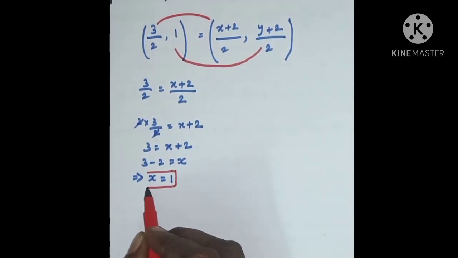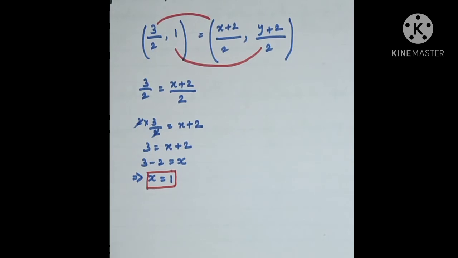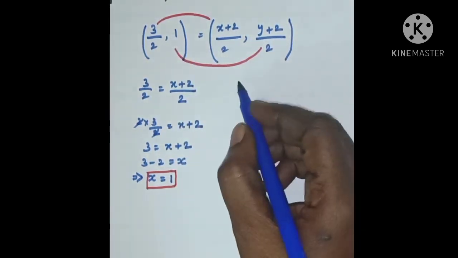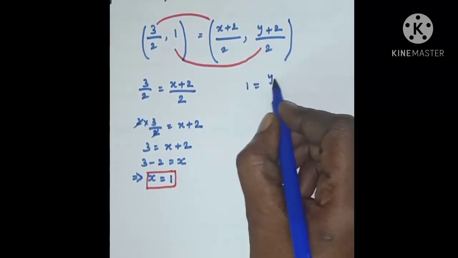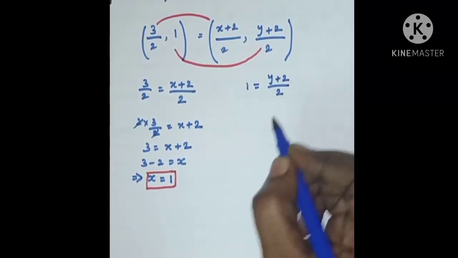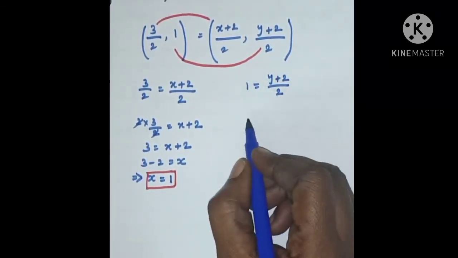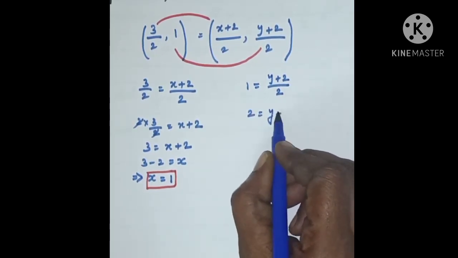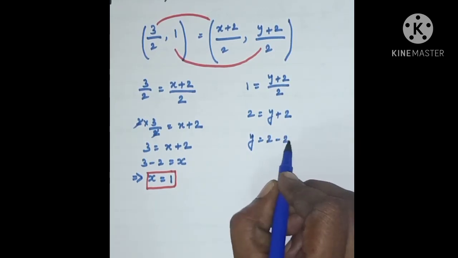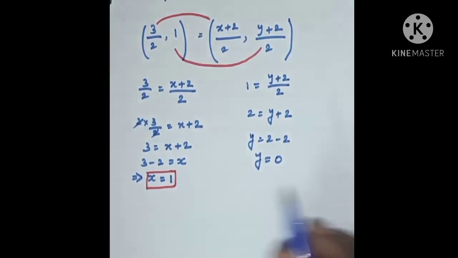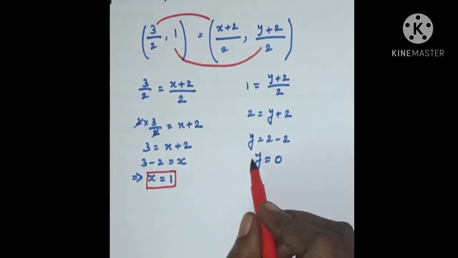Next, we have to identify the y coordinate. Equating the second coordinate, we get 1 is equal to y plus 2 divided by 2. Cross multiplying, 2 is equal to y plus 2. So y is equal to 2 minus 2, which gives y is equal to 0.